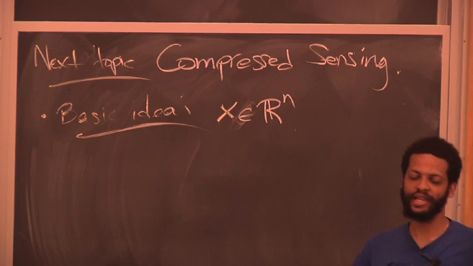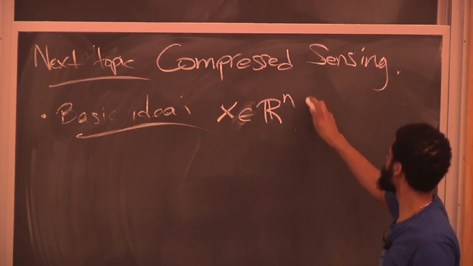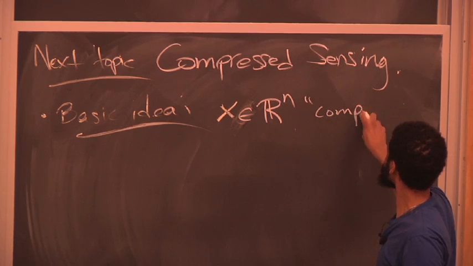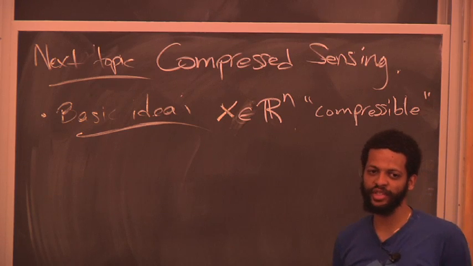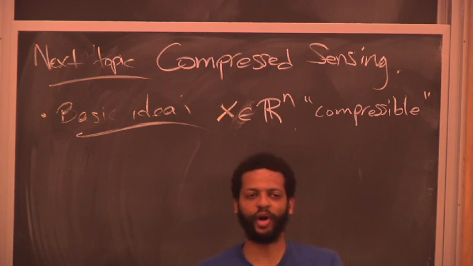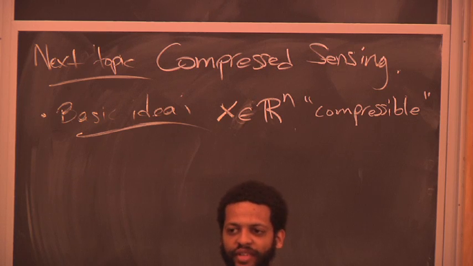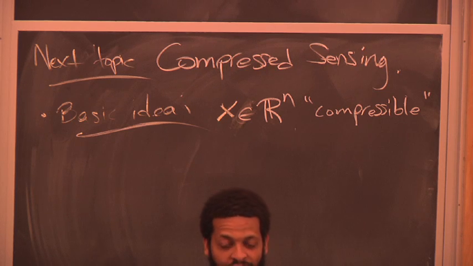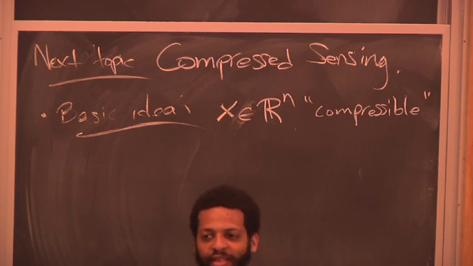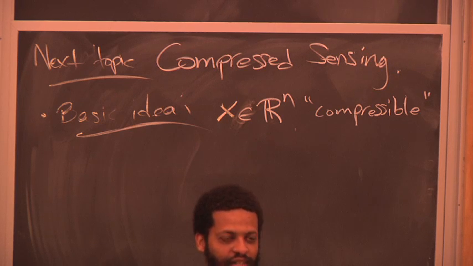We have a vector x in R^n, which is compressible. What do I mean by compressible? Well, a sparse vector is definitely compressible. If it's n-dimensional but only has k non-zero entries, then I can specify the vector to you by just writing down those k entries and telling you the locations.